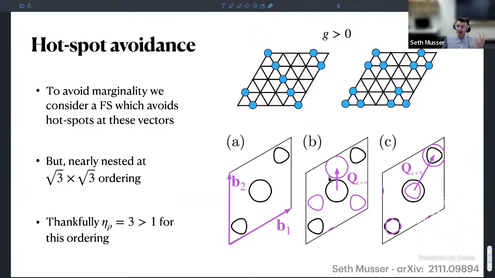And in fact, you avoid hotspots with this Fermi surface for all of the CDWs that you expect to get for G greater than 0. But unfortunately, this Fermi surface is nearly nested at the √3 ordering that we don't flow to. But thankfully, that particular ordering has an anomalous critical dimension of 3. And that's greater than 1, so this type of coupling is irrelevant.